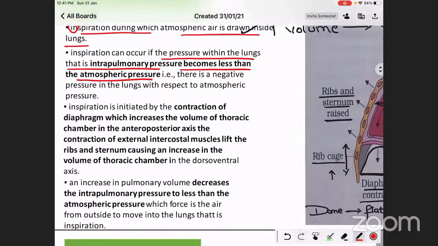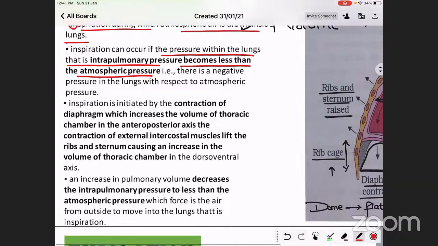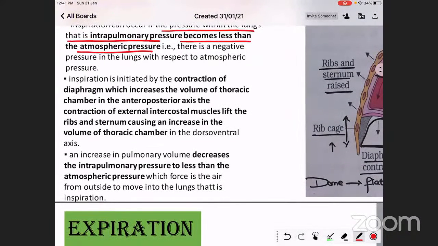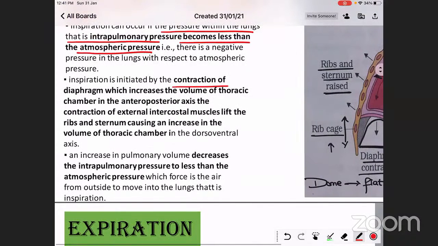We are saying that pressure has decreased in comparison to the atmospheric air. So how is inspiration initiated? We have to be very clear that first, air is not coming inside the lung. First, the conditions will be made. What are the conditions? The contraction of the diaphragm, which increases the volume of the thoracic chamber in the anterior-posterior axis.